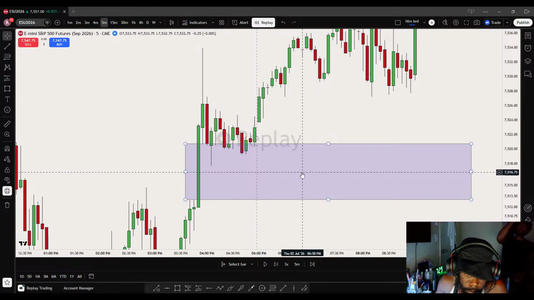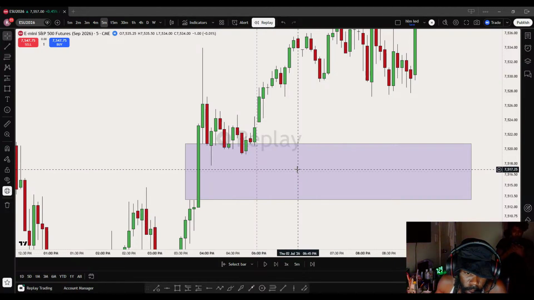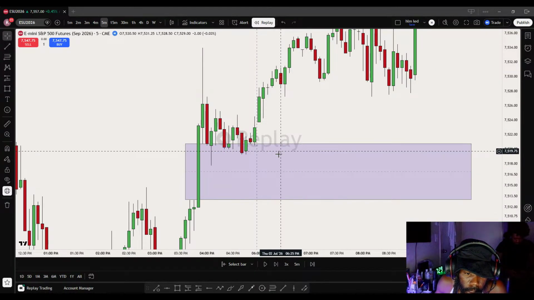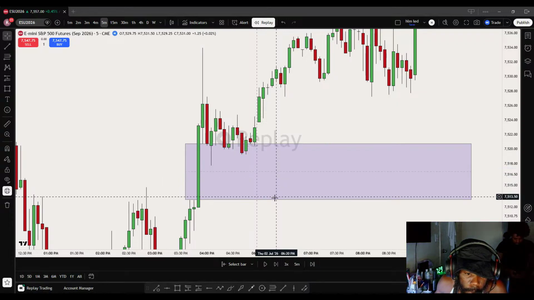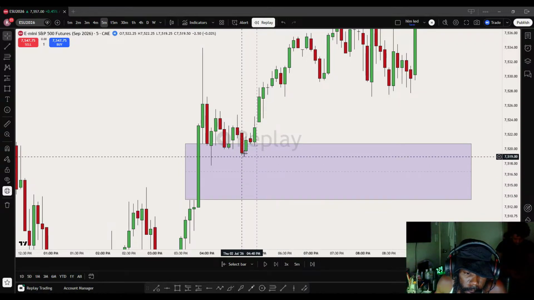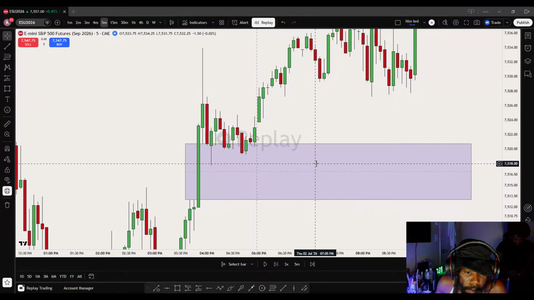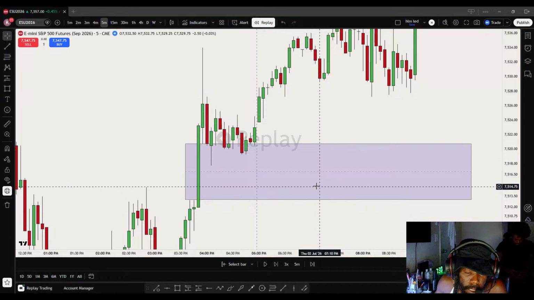You can see that right here in the middle, it's split with a dashed line. So you got a rectangle, you got a dashed line, and then you got the bottom of the rectangle, right? But the dashed line represents an upper half and a lower half of the rectangle, right?